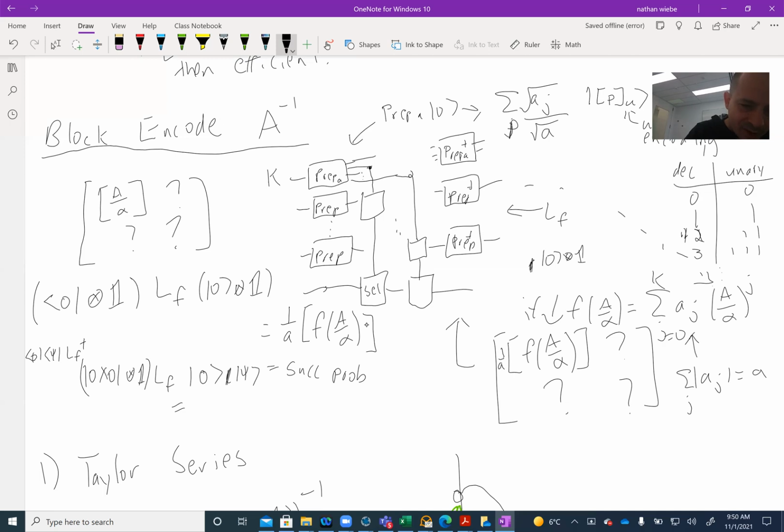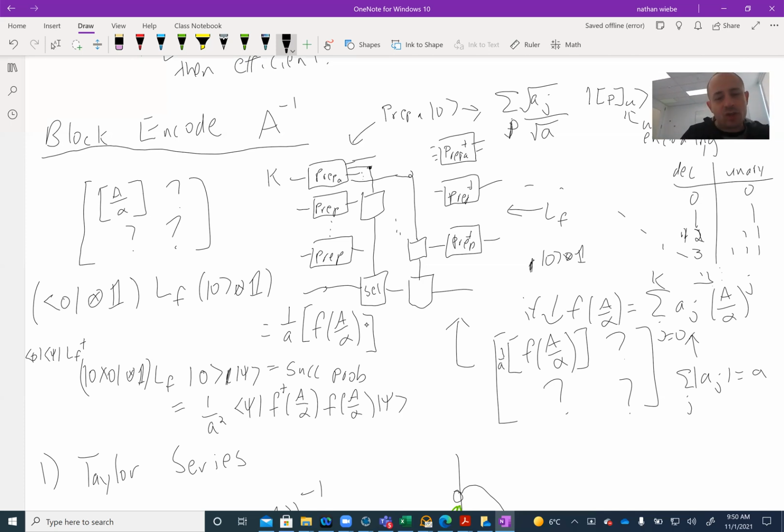The success probability is equal to 1 over a squared times the inner product of psi, f of a over alpha dagger, f of a over alpha, psi.